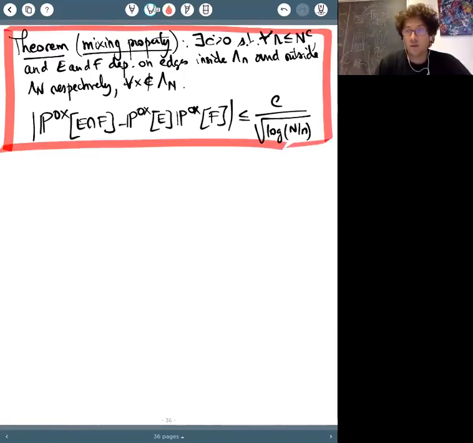We don't prove a ratio mixing. So we don't manage to end up with the product of the probabilities. It's not true that the probability of E intersected with F is very close to the probability of E times the probability of F with an error which is of the order little o of the probability of E times the probability of F. But it's still an additive mixing and it's going to be sufficient.